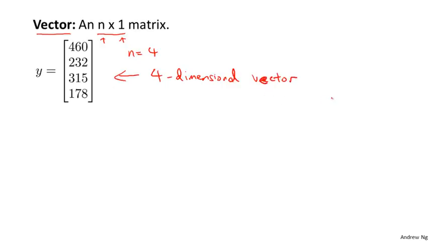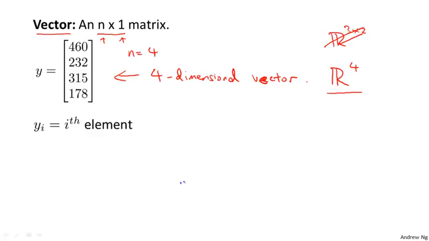And just as earlier for matrices, you saw this notation like R3 by 2 to refer to 3 by 2 matrices, for this vector we're going to refer to this as a vector in the set R4. So this R4 just means the set of all 4-dimensional vectors. Next, let's talk about how to refer to elements of the vector. We're going to use the notation yi to refer to the ith element of the vector y.